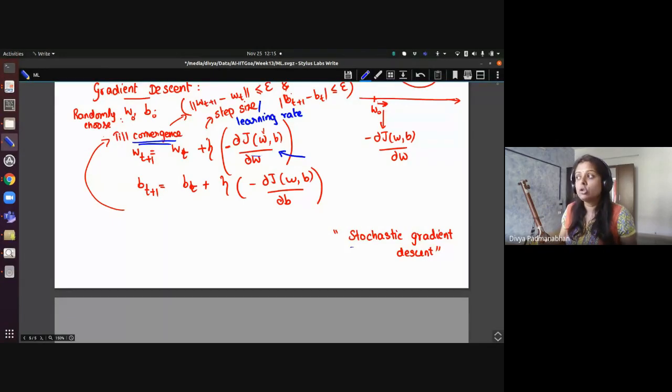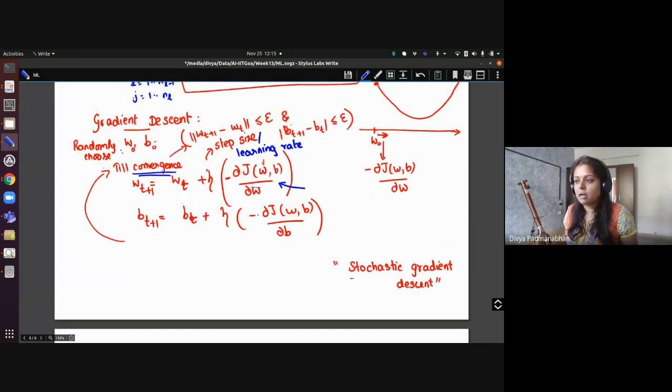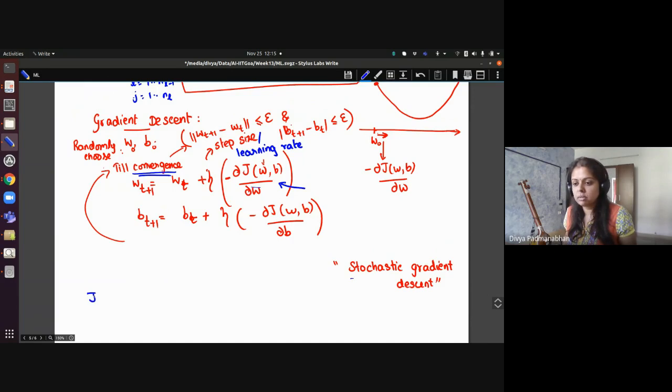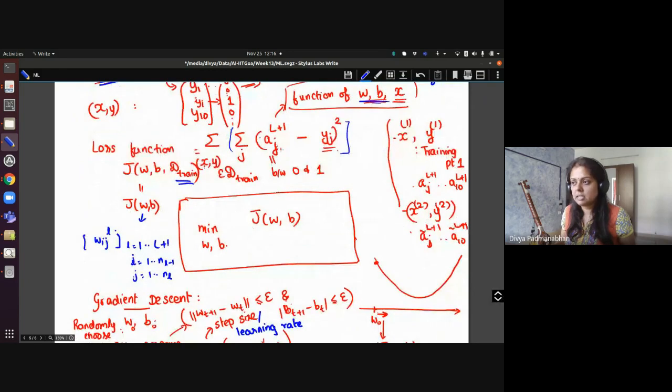Another tweak that people do is that you don't take all of J(W,b). What you do is define something like this: J(W,b) for a particular instance. If you take only one training instance, this is just going to be the same quantity here, the part a_j^(L+1) minus y_j squared.